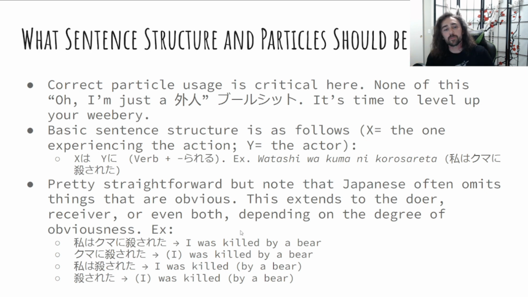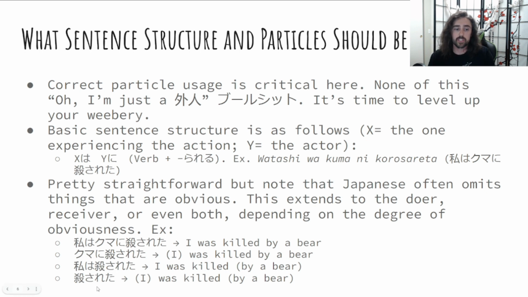This seems pretty straightforward, but just keep in mind that Japanese often omits obvious things. So this can be the doer, the experiencer, all that stuff, right? So 私は熊に殺された can become 熊に殺された. Depending on context, you can omit the subject and just say 私は殺された, I was killed by a bear.